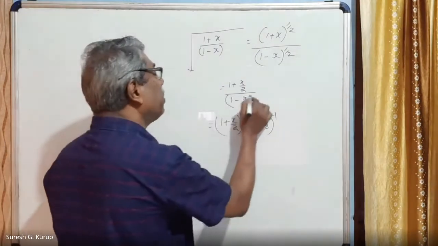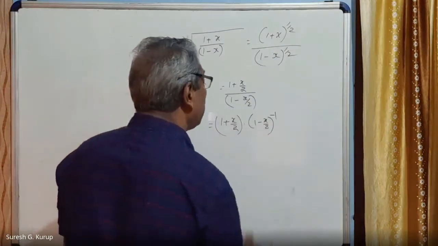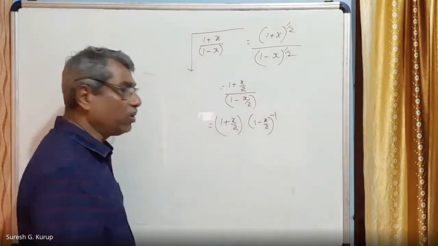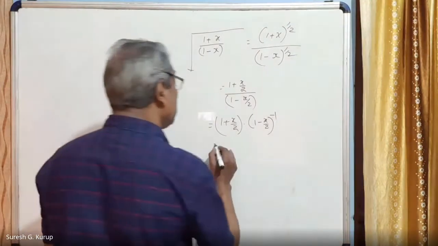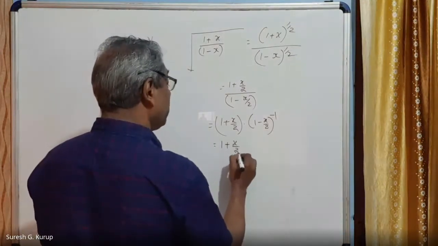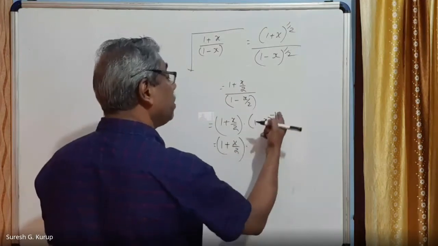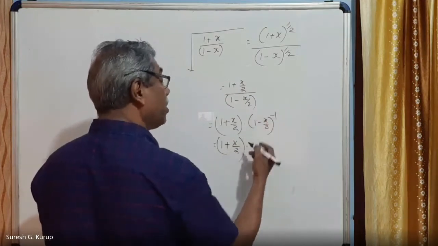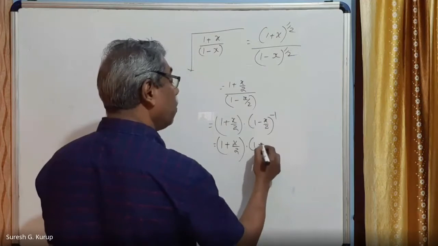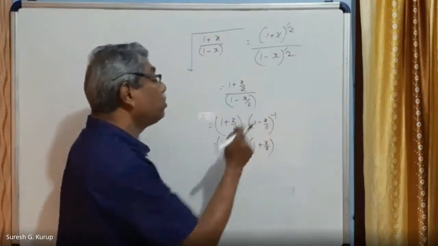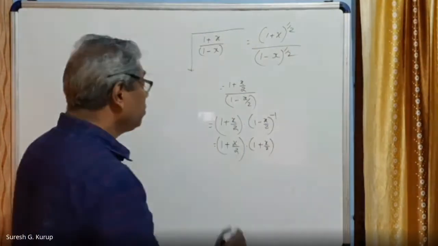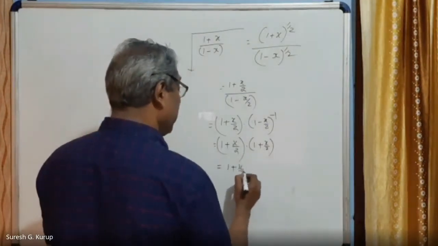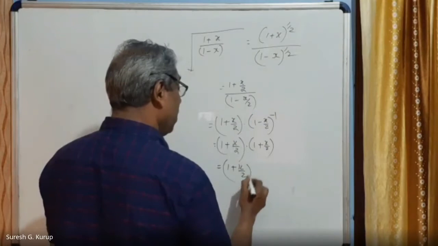This quantity, when it goes up from the denominator, becomes 1 minus x by 2, the whole raised to minus 1. That is, 1 plus x by 2 again into 1 minus x by 2, the whole raised to minus 1, is equal to 1 plus x by 2 only. Minus 1 into minus x by 2, that is plus x by 2. This is equal to 1 plus x by 2, the whole square also we can write.